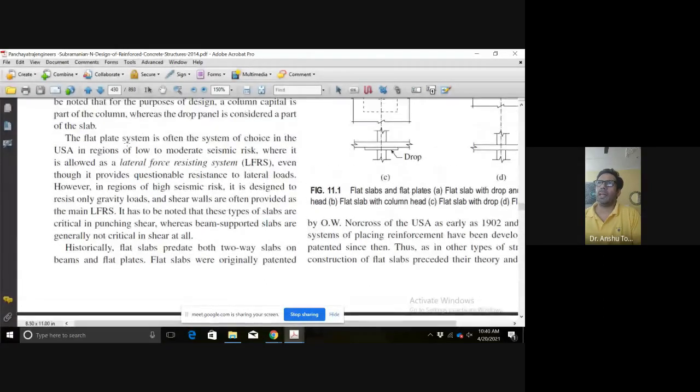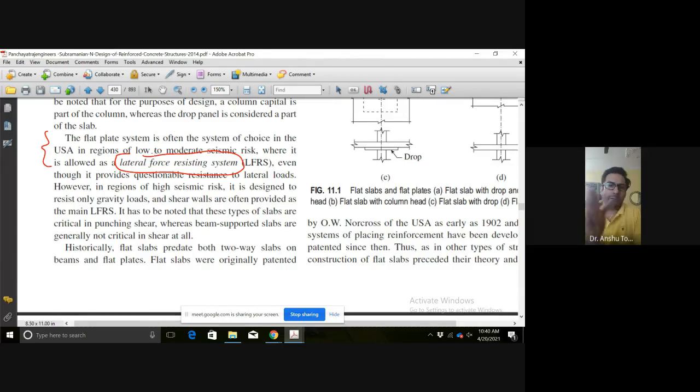There is one more thing, that actually flat slab system is not suggested as a lateral force resisting system. If you are located in zone 4 or zone 5 of earthquake regions, it is not suggested due to incapable lateral load force resisting elements.